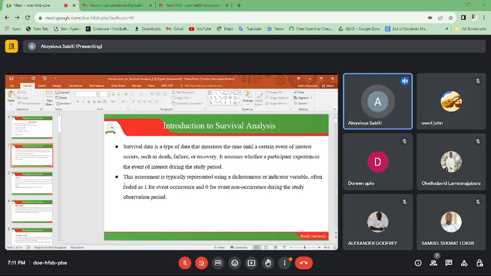This assessment is typically represented using a dichotomous or indicator variable. Dichotomous meaning we're looking at two outputs: either a yes or a zero, and the possibility of an event occurring ranging from 0 to 1.